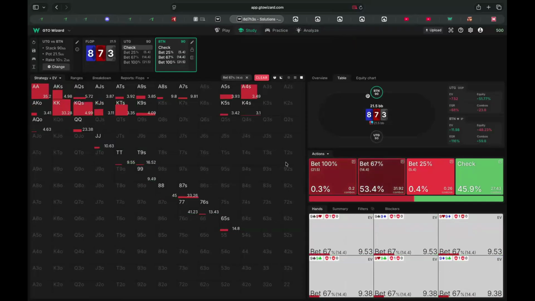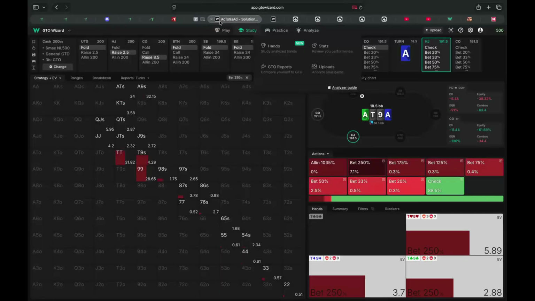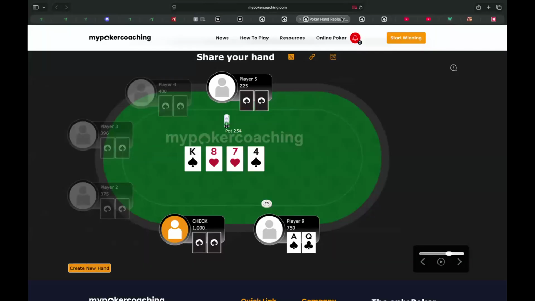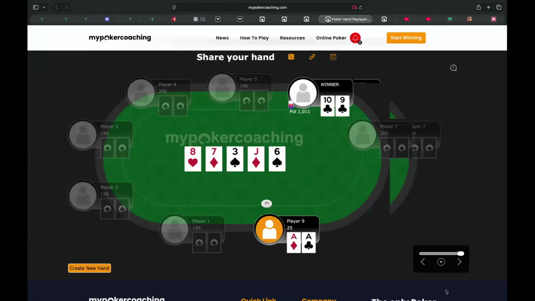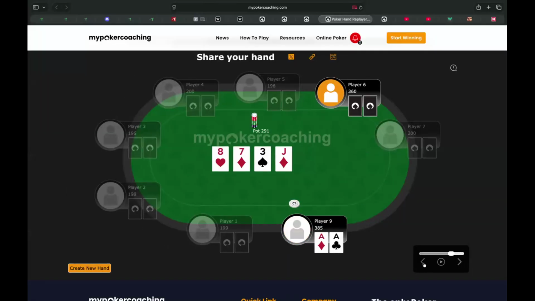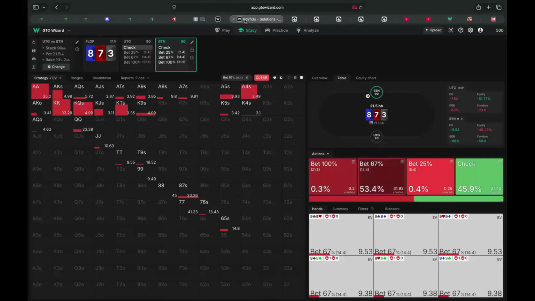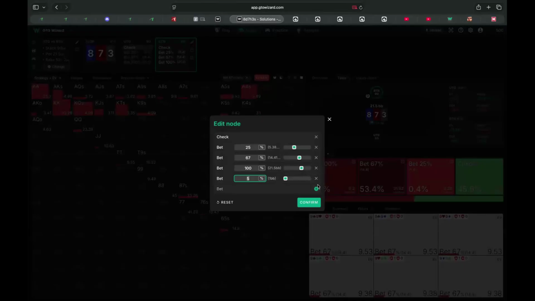You did 50%, right? How much did I bet? I bet 50%. I bet close to 60, like 75 into 140. So try putting in 50% as well, an option, because 25% is still quite far away from it.